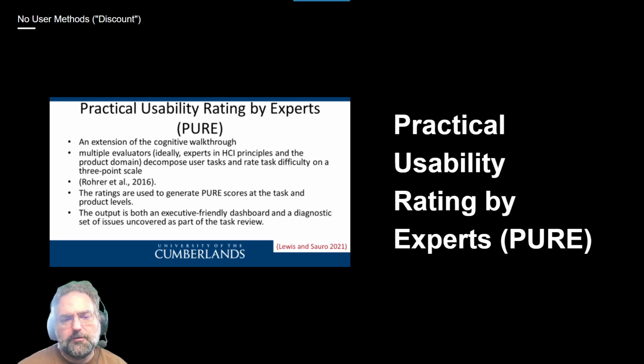They essentially decompose the user's task and rate the difficulty on a 3-point scale, and it's basically a way of coming up with a number at the end of the experience, as well as drill-down numbers on each of the tasks. And the output can be very executive friendly because you've got 3 levels to talk about on particular sets of activities and tasks.